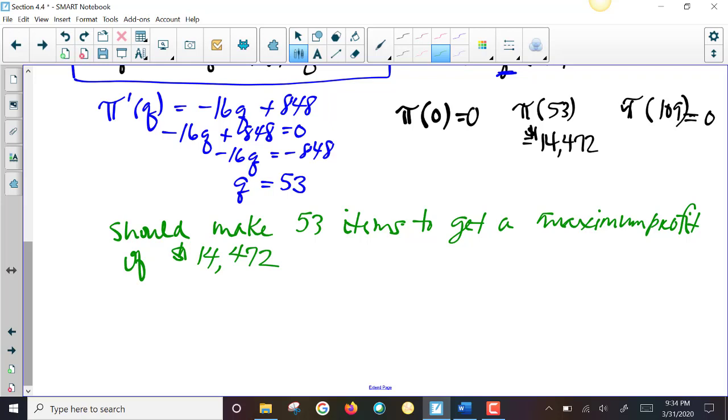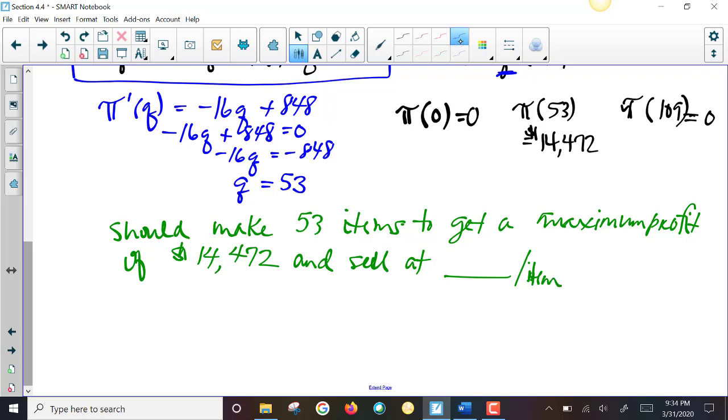Okay, and what should our selling price be? So we've got to come up with that selling price.